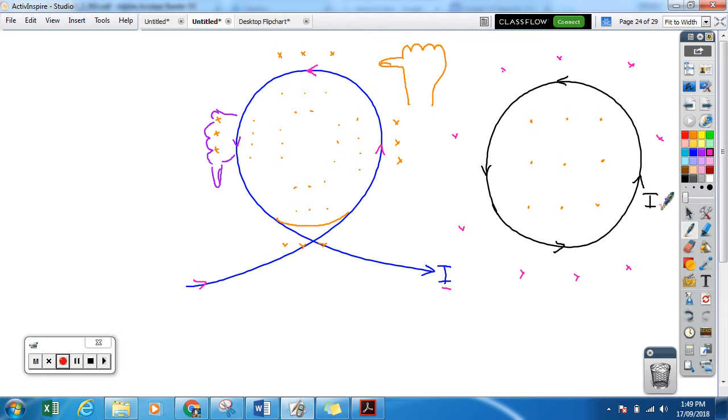And if we were to go the opposite direction, so if we draw it this way, if the current was going that way, and then using your right hand grip rule one more time, so let's draw our right hand. This time our thumb would be pointing this way, and our fingers would be going this way.